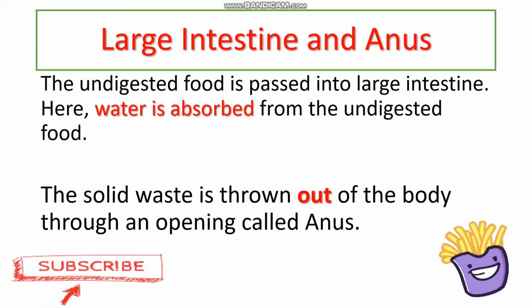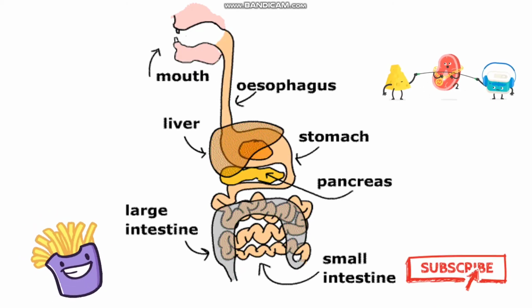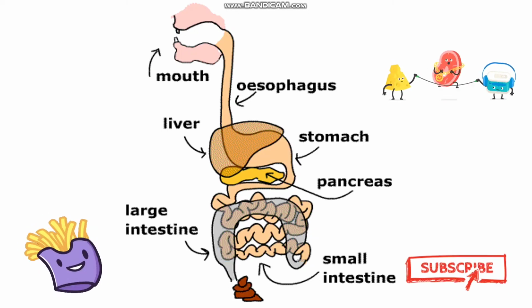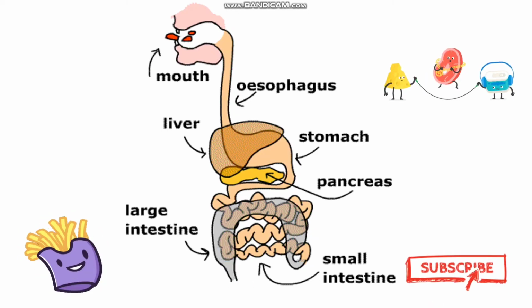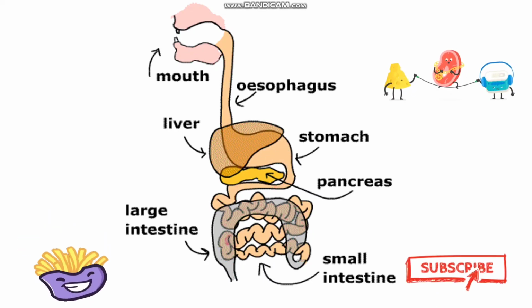I'll show you a small GIF. See, you eat from the mouth, it goes in the food pipe, then to the stomach, then to the small intestine, then to the large intestine, and then feces are produced through the anus. Again, watch it properly. This whole process goes on this way.